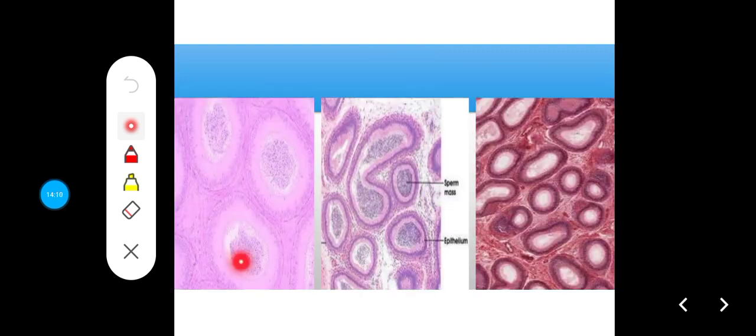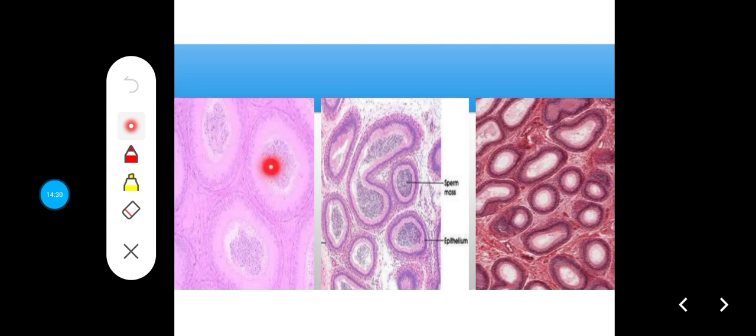See this one too, clear-cut lumen with a clump of spermatozoa within the lumen. Look at the clump. So you can appreciate the clear-cut lumen. And then you can also see a clump of spermatozoa at the center.